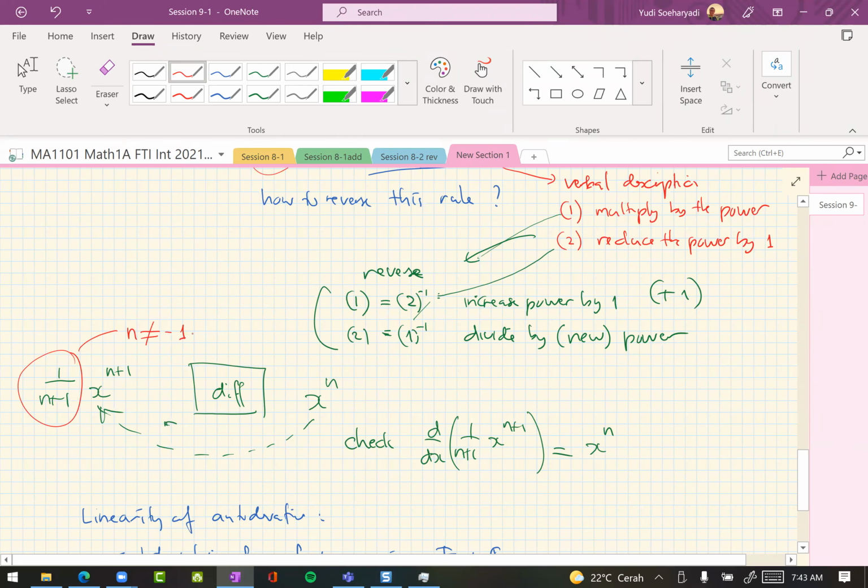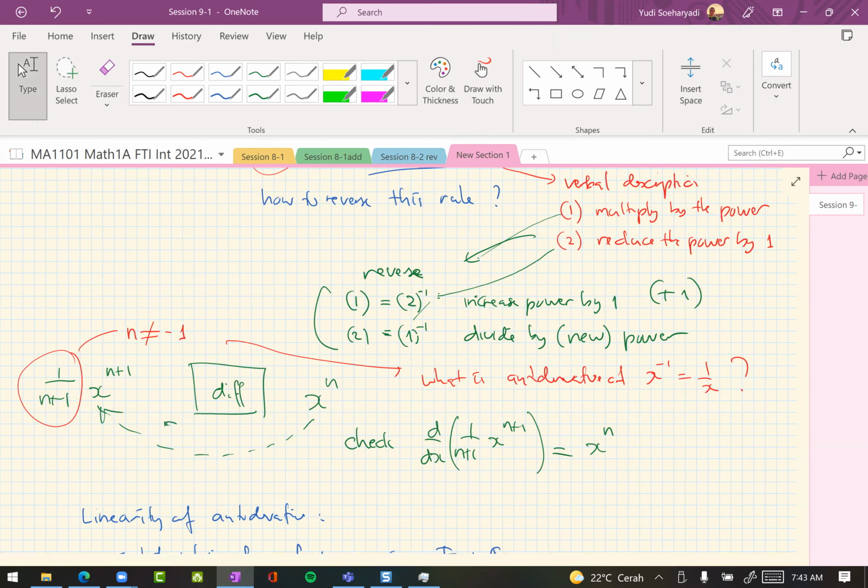So the question is, what is the antiderivative of 1 over x? We'll deal with that later on. But this is how we find the antiderivative.